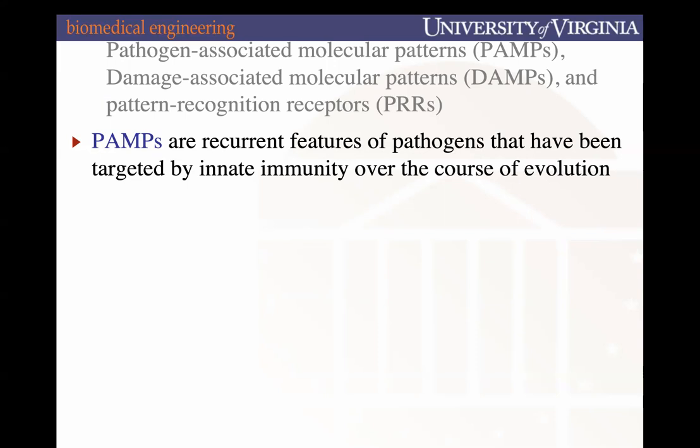Similarly with DAMPs, because it's damage associated, you can think of DAMPs as almost like a flare gun whenever there's some sort of tissue repair problem. And so both PAMPs and DAMPs are recognized by pattern recognition receptors and are key features of our innate immune system and its ability to induce a cell-mediated response.